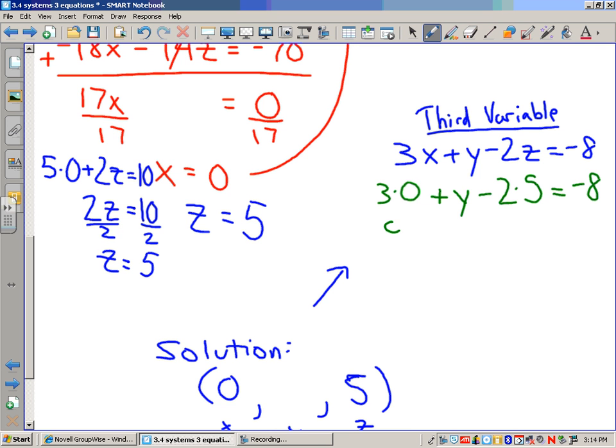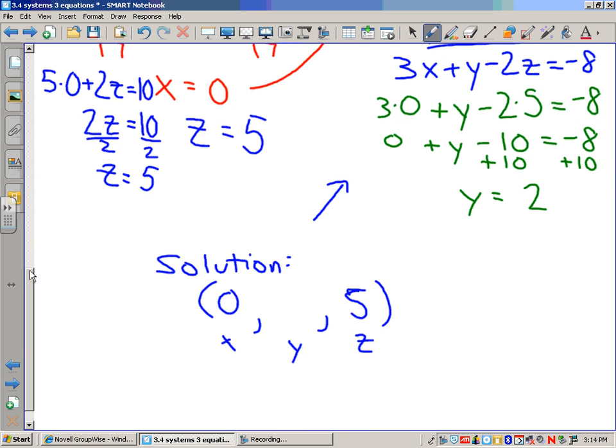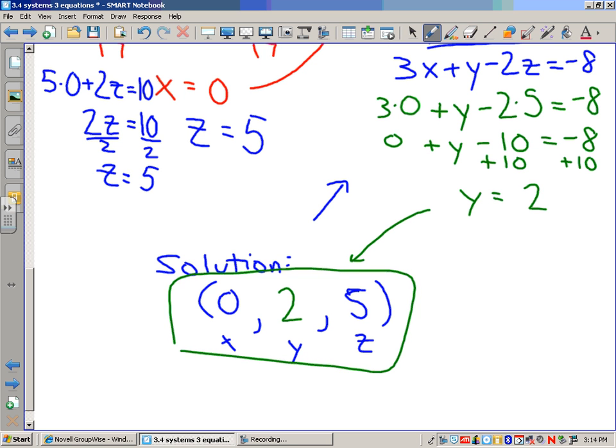That would give you 0 plus y minus 10 equals -8. Add 10, y equals 2. So now you have your last variable, y equals 2. So your solution to that system of lines in space is 0, 2, 5.